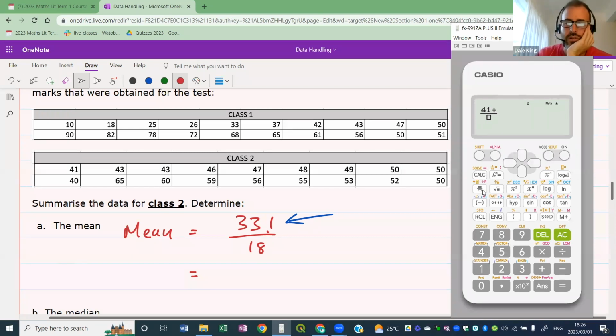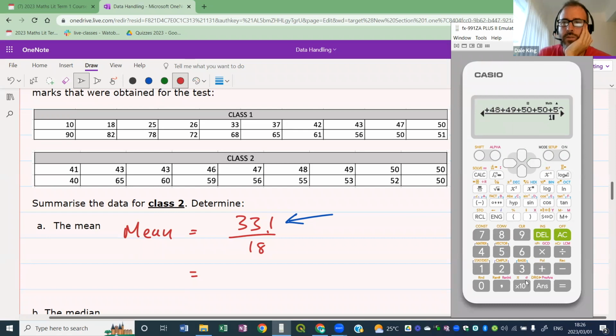41 plus 43 plus 43 plus 46 plus 47 plus 48 plus 49 plus 50 plus 50 plus 50 plus 52 plus 53 plus 55 plus 56 plus 59 plus 60 plus 65 plus 40. Why are they giving me a syntax error?